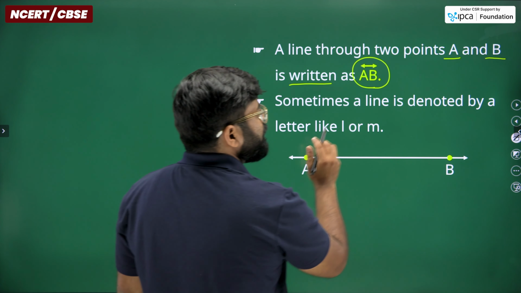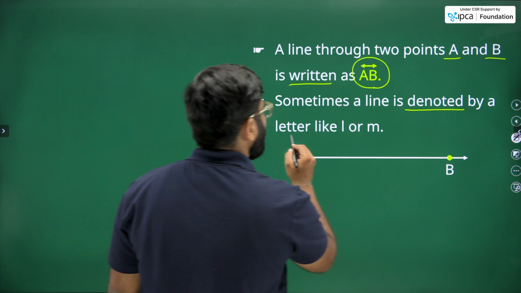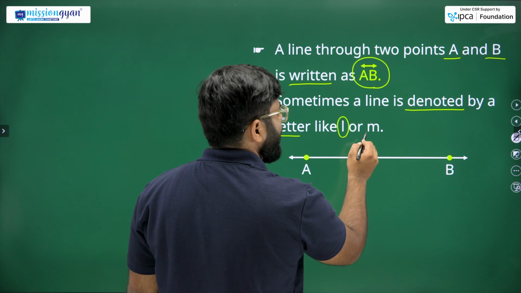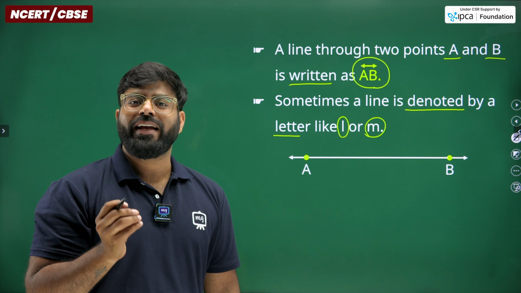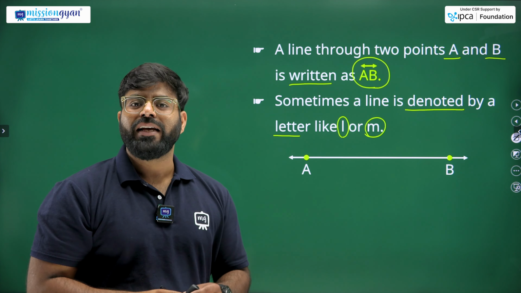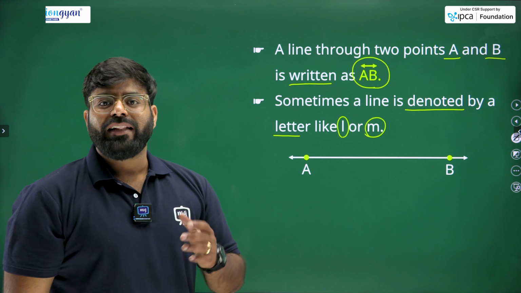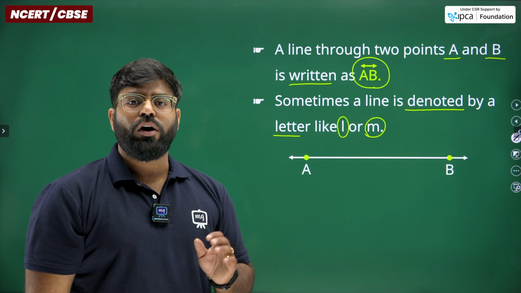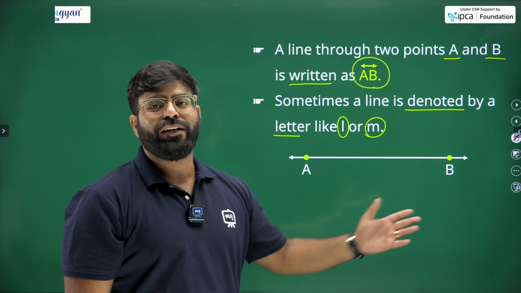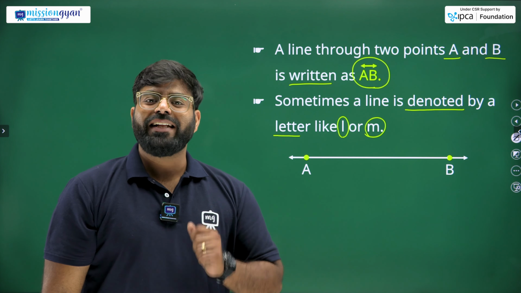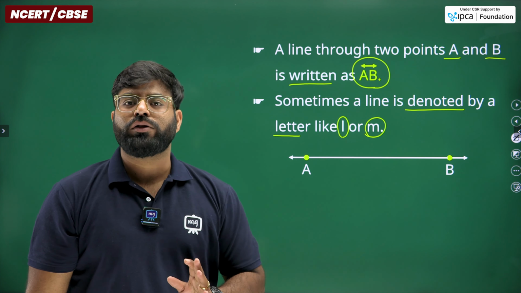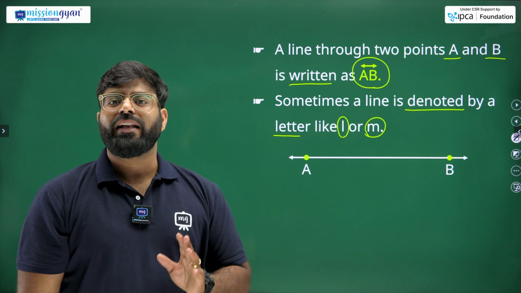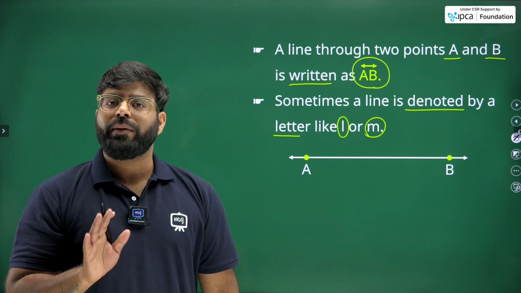Plus, sometimes it is denoted by letters like small l, small m and other small letters of the English alphabet. That means what we are trying to say is that you usually write the name of a line using capital letters of the English alphabet, but in some situations you have to use small letters also to write the name of these lines. Understood? I hope it is clear.